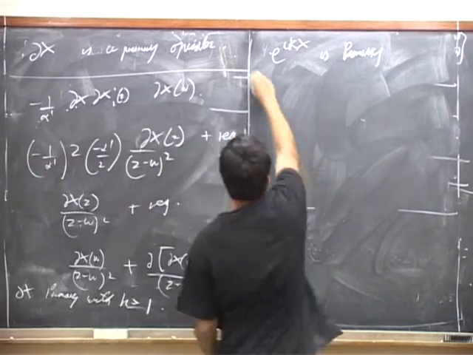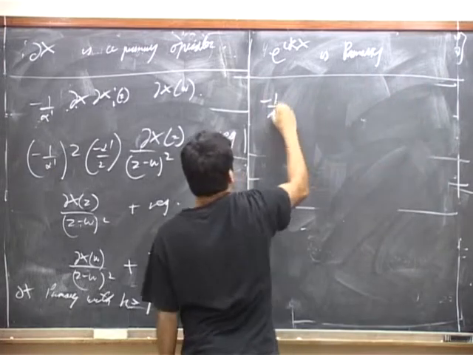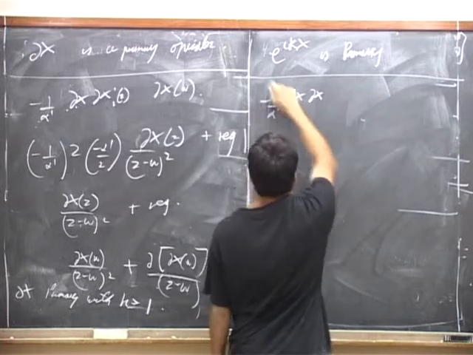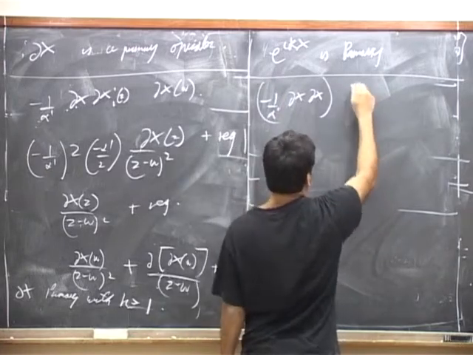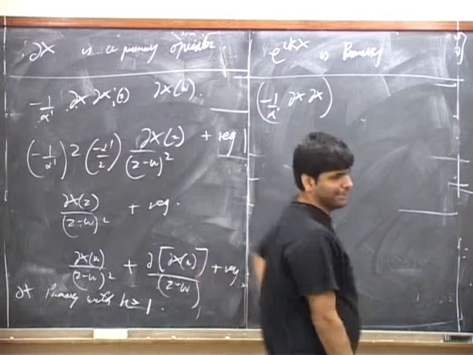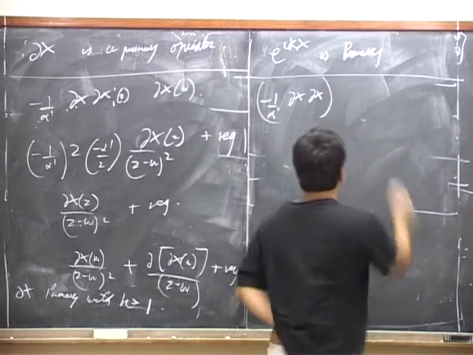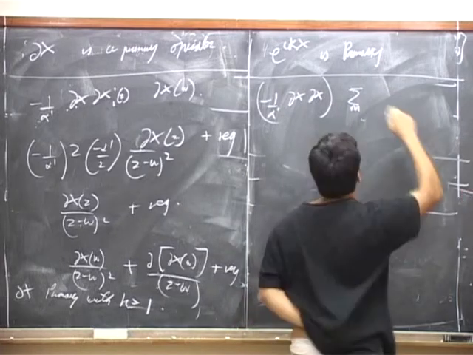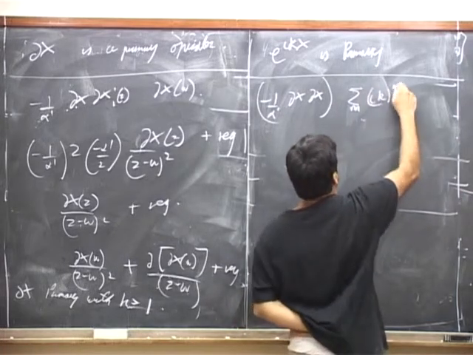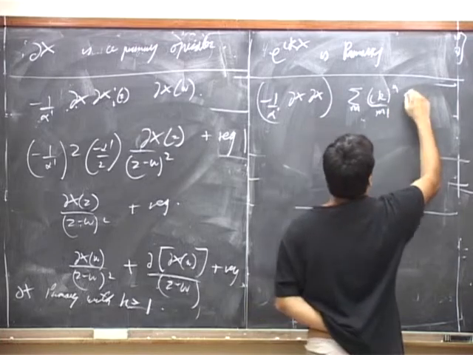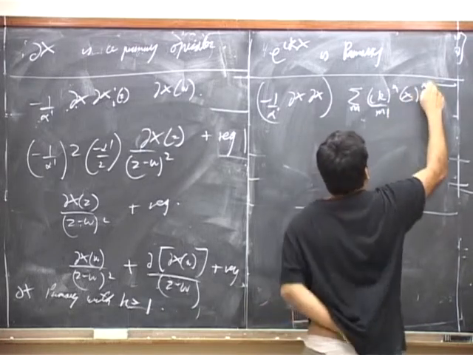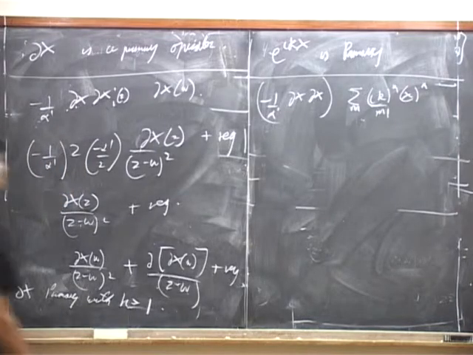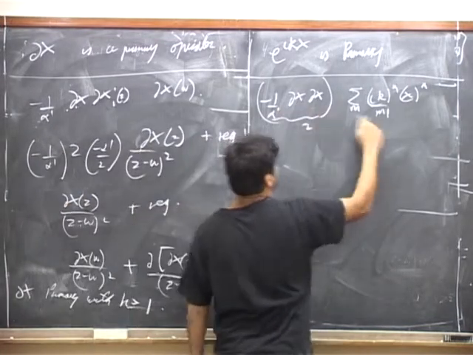What we want, once again, is minus 1 by alpha prime del X times del X, acting on e to the power ikX. Let's write its Taylor series expansion as the sum of (ik) to the power n by n factorial times X to the power n, so this is at z, and this is at w.